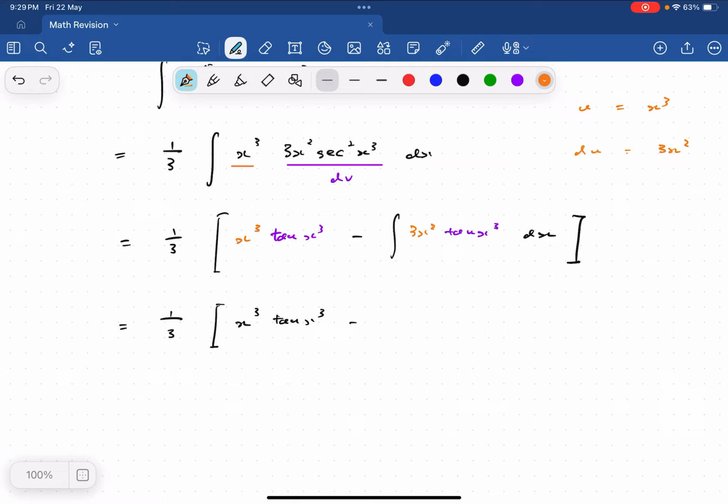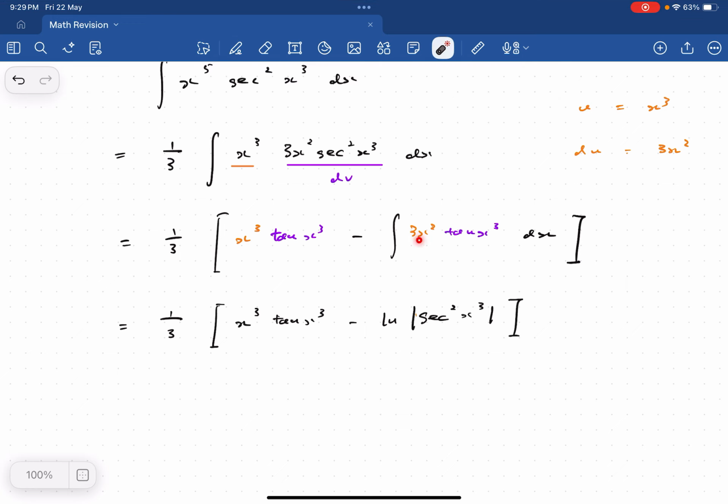It's just going to be ln mod secant squared x cubed, because this 3x squared here and this x cubed here, this is f prime x tangent fx. So by that standard form f prime x tangent fx, I will just get ln of secant squared fx. Okay, it's a standard form.